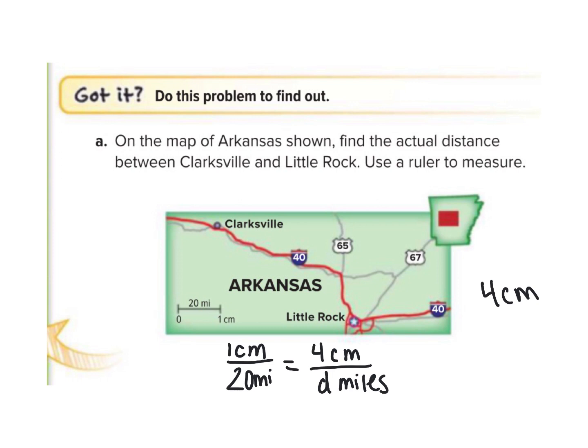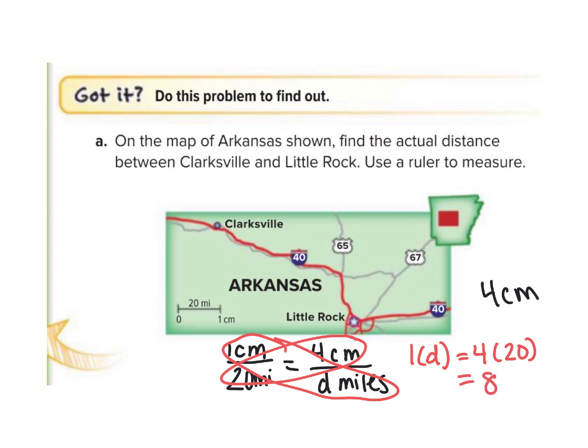You then want to use your cross products. So I would have 1 times D equals 4 times 20. If you simplify that, you would get the actual distance is 80 miles.